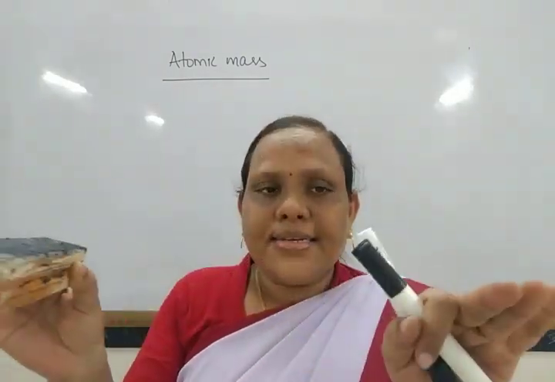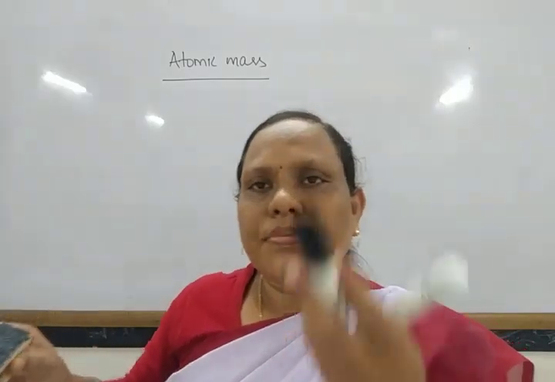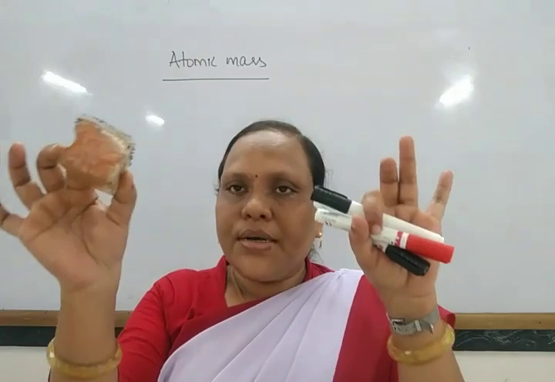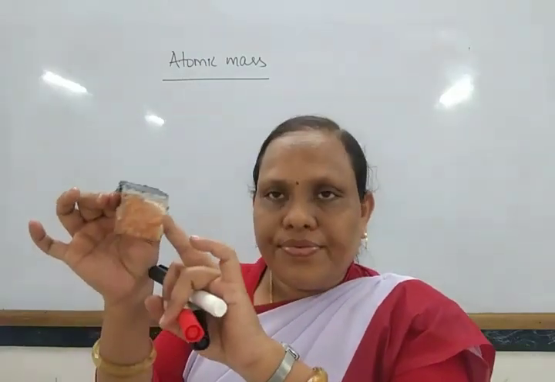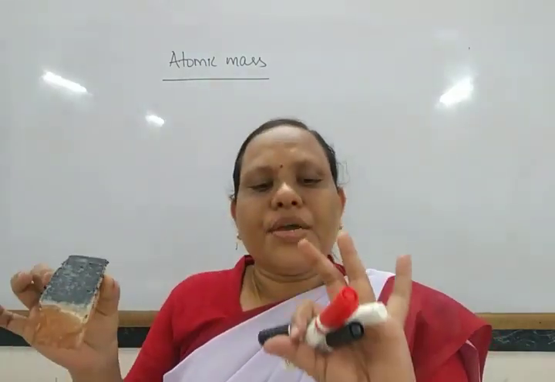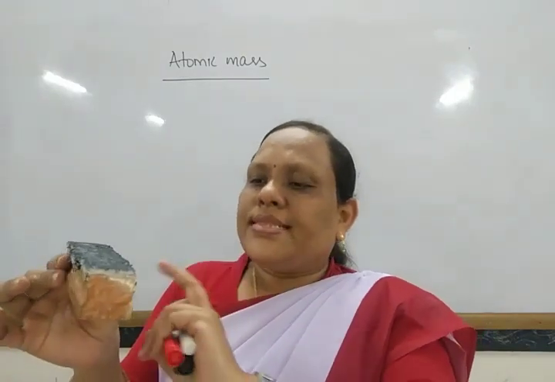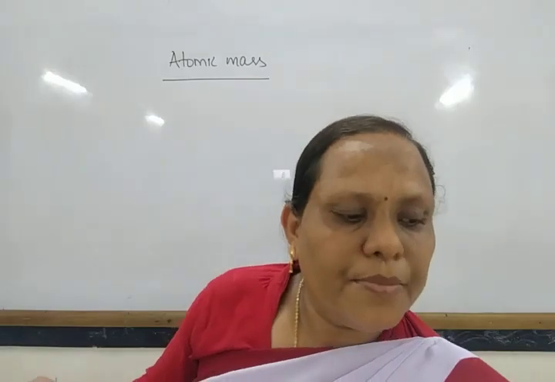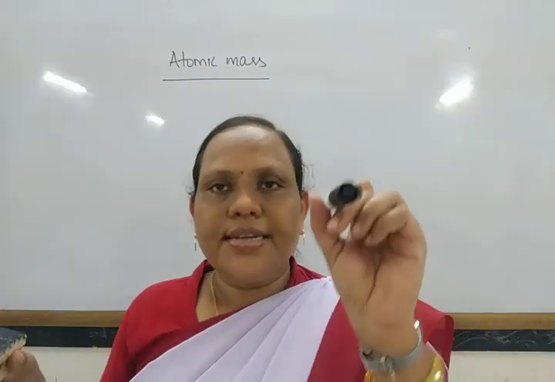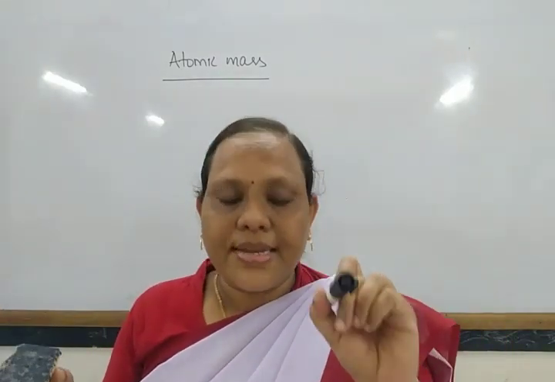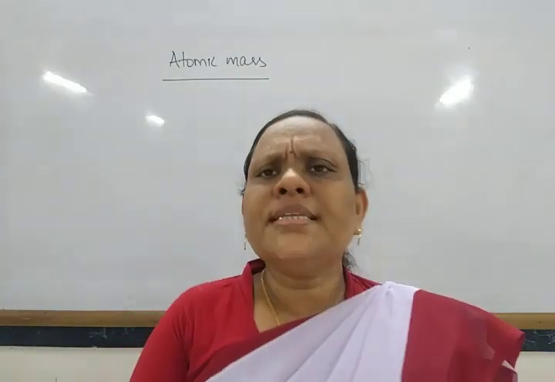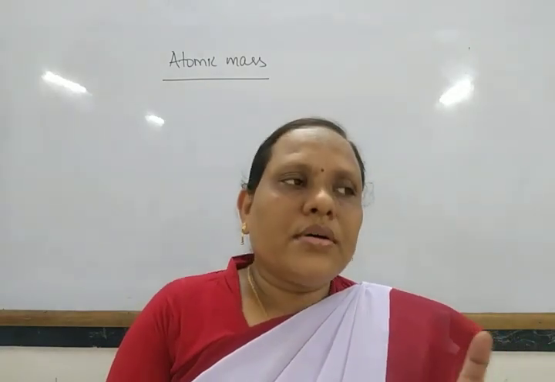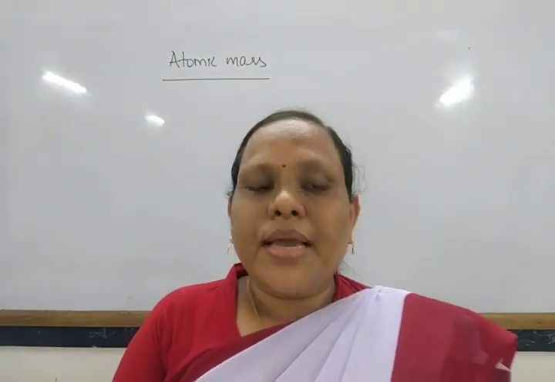If it balances with, suppose, three pens, then the weight of 3 pens is equal to the weight of this duster. In this way we know the duster is 3 times the weight of 1 pen. So in this way, how can we determine the weight of an atom? By comparing with another atom.